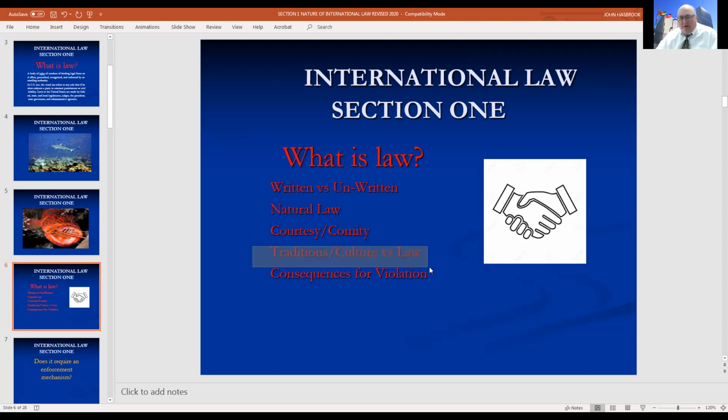We also have traditions, cultural, sociological norms and behaviors that may or may not actually constitute a law. So let me give you an example. Over here I've got a shaking hand symbol.